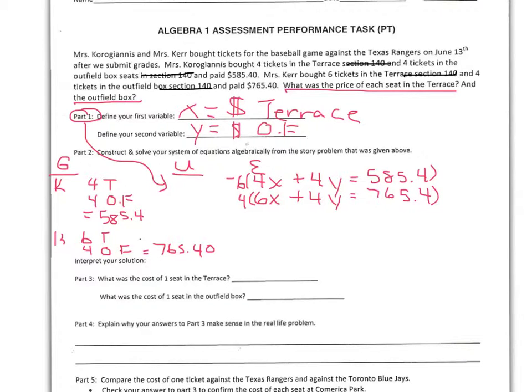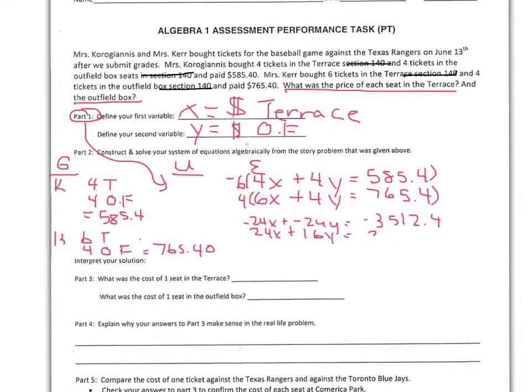When you do that, you get negative 24x plus negative 24y equals negative 3512.4. When you multiply the 4 in, you get 24x plus 16y equals 4 times $765.40.